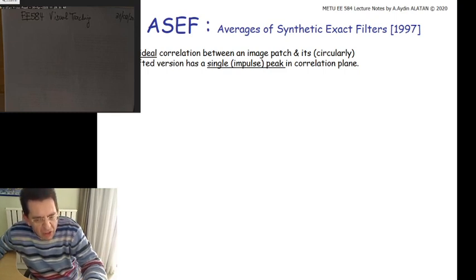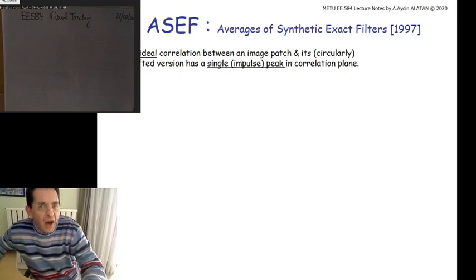If you take an image and make a circular shift to the left by 5 pixels, you will have in the correlation plane a single impulse at a 5 pixel shift. All the others will be relatively small, or if it is a zero mean input, completely zero.